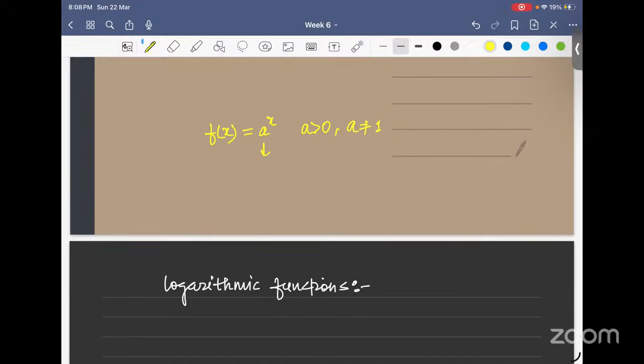So when you were reading this exponential function, you would have known that this is a one-one function, correct? Yes, sir. This you have already read about, right?